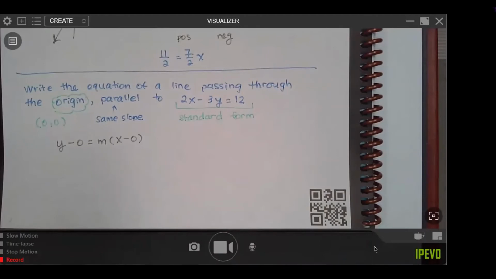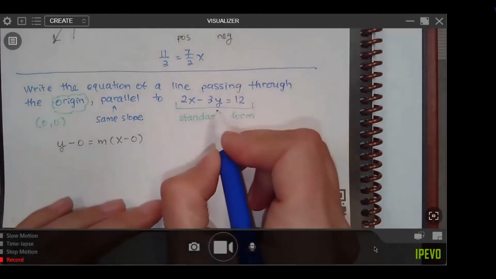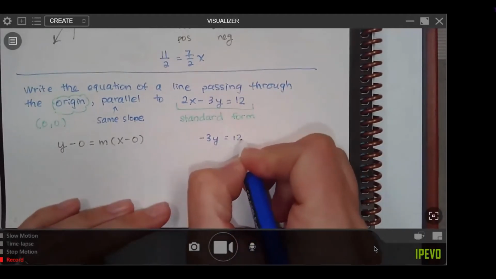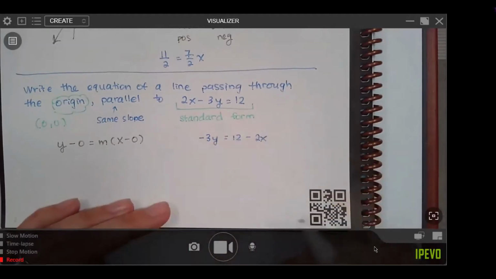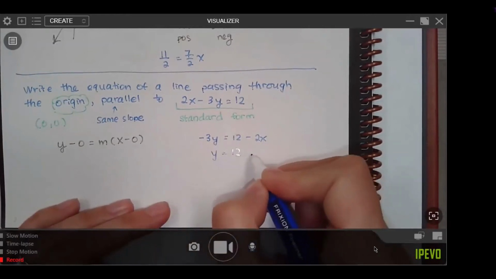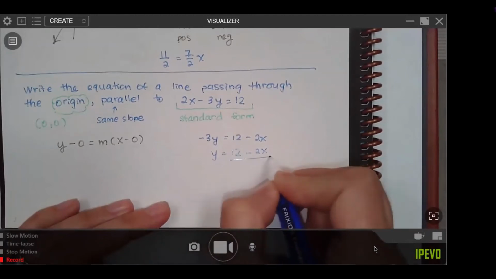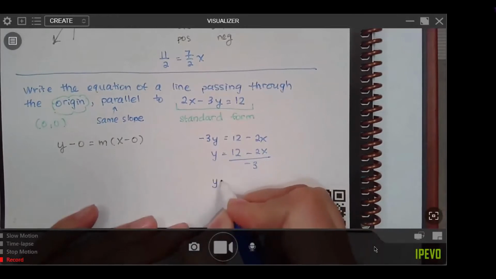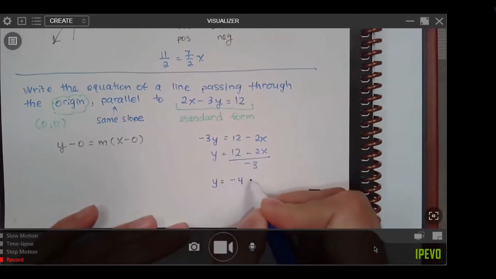So I'm going to shuffle things around. I've got negative 3y equals 12 minus 2x, subtracting the 2x from both sides, divide by negative 3. I've got y equals 12 minus 2x, whole thing over negative 3, which means I've got y equals negative 4 plus 2/3 x.